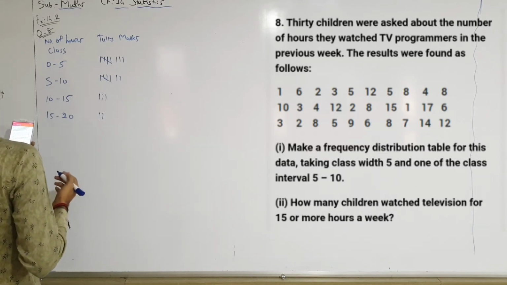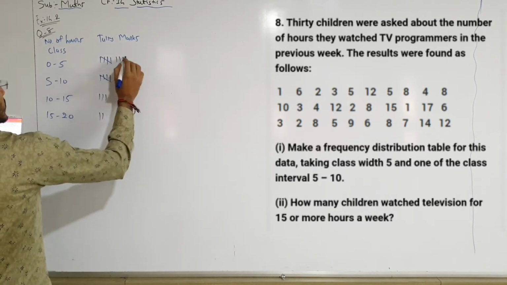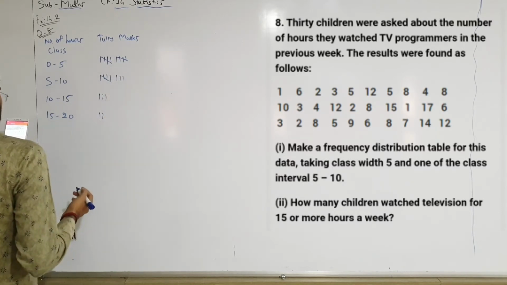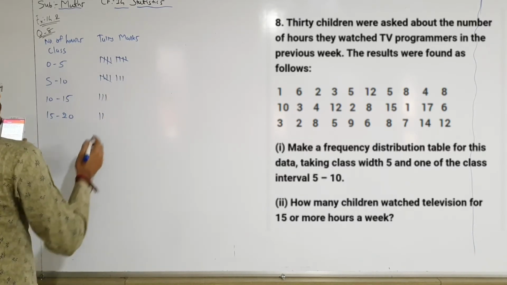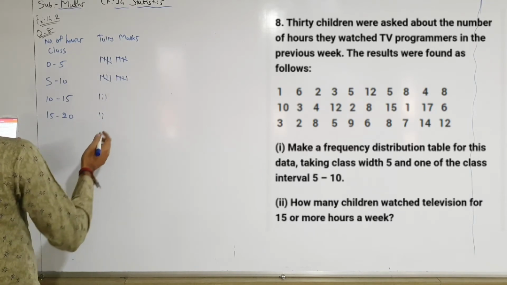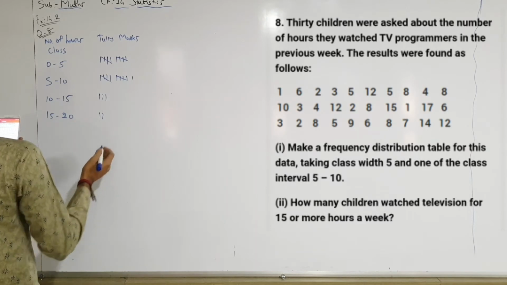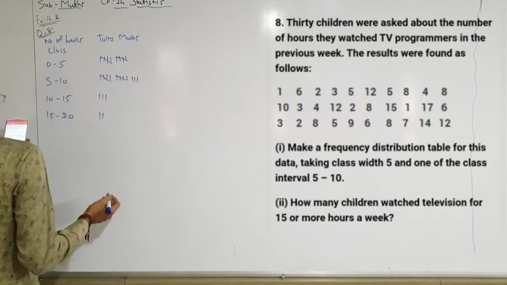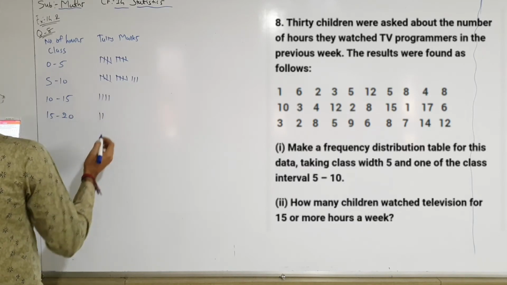Then the third line: 3, 2, 8, 5, 9, 6, 8, 7, 14 and 12.